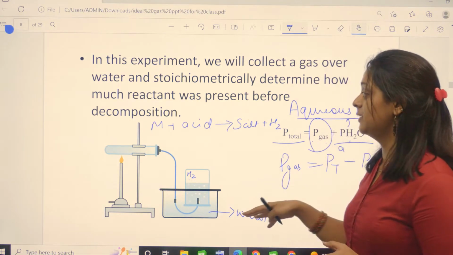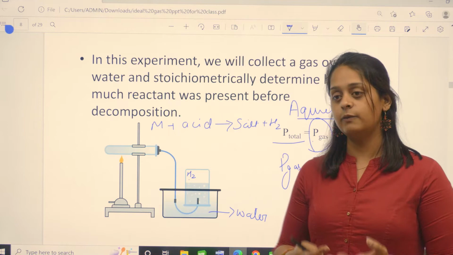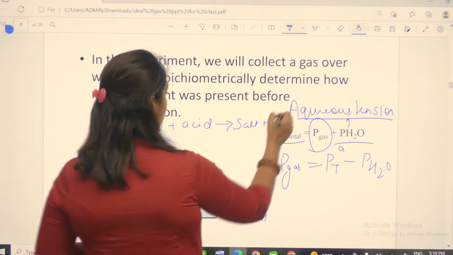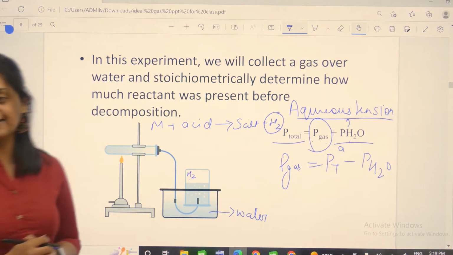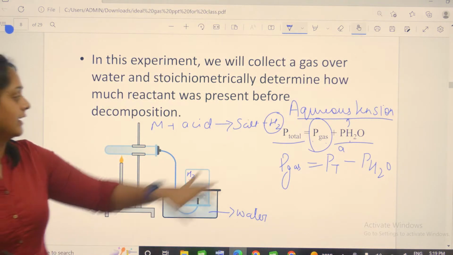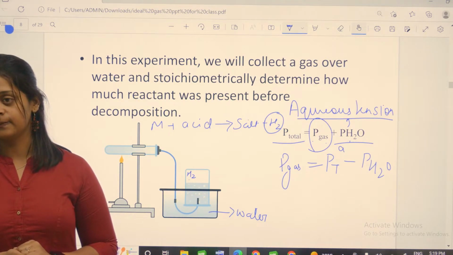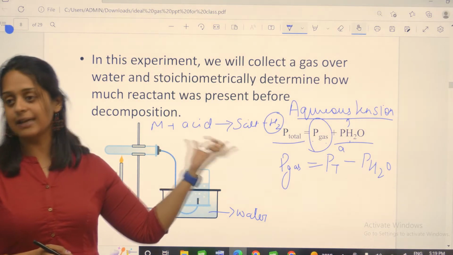Okay? So how is this experiment helpful? If I know how much hydrogen gas is liberated over here, I can calculate how much metal was present to react, because I will know the balanced chemical equation.